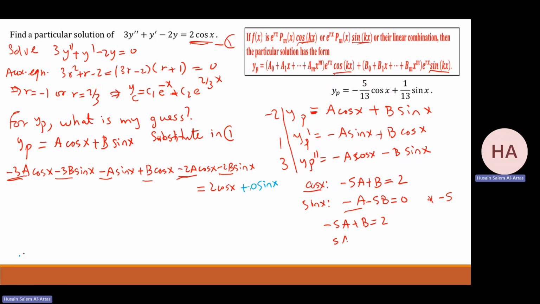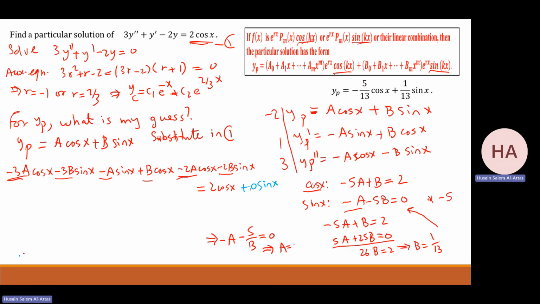So I have minus 5a plus b equals 2, and I have 5a plus 25b equals 0. Add them. I have 26b equals 2. So b will be 1 over 13. Plug it in this one. I'm getting minus a minus 5 over 13 equal to 0.